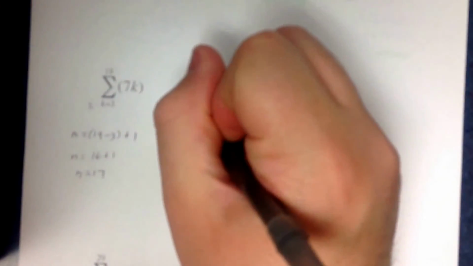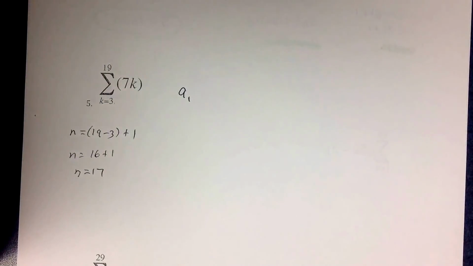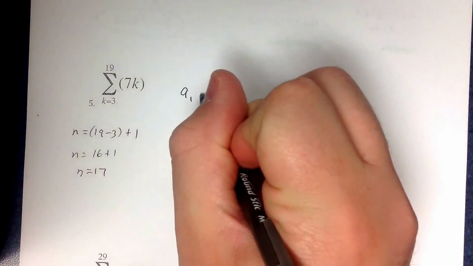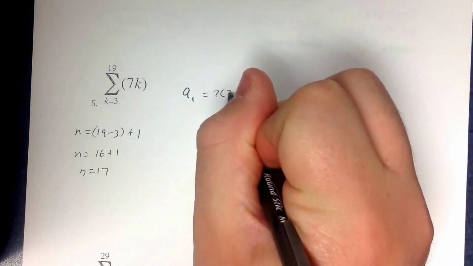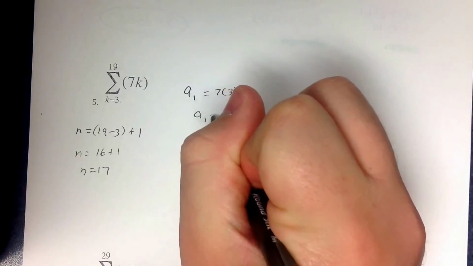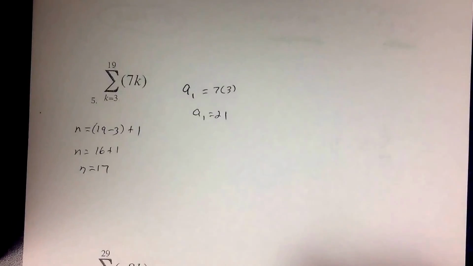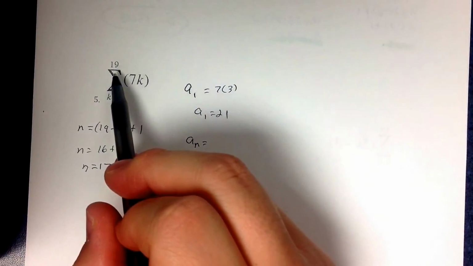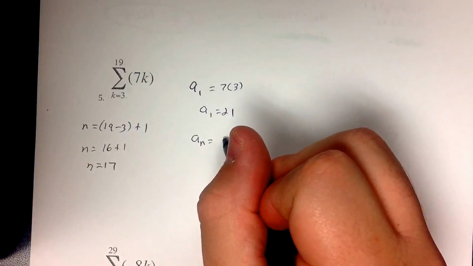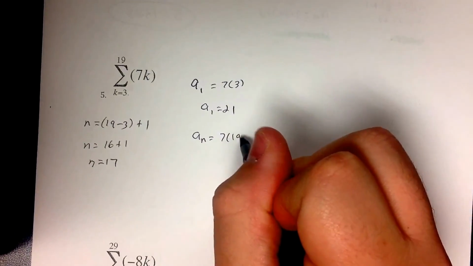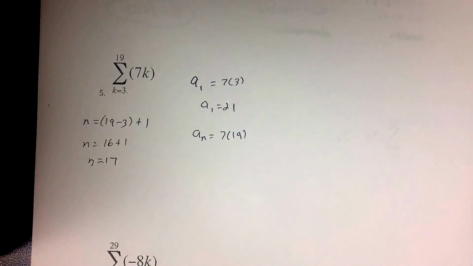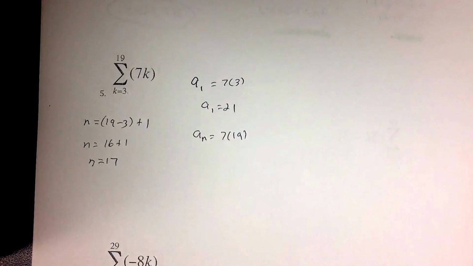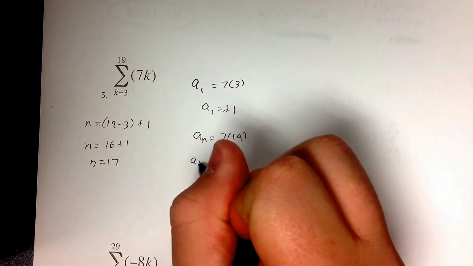Now, with n being 17, again we need to find our first term. So a1, we plug in 3 for k, so it'd be 7 times 3, so the first term would be 21. an, we'd be plugging in the top value, which is 19, or our last term, so 7 times 19. 7 times 19 is 133.